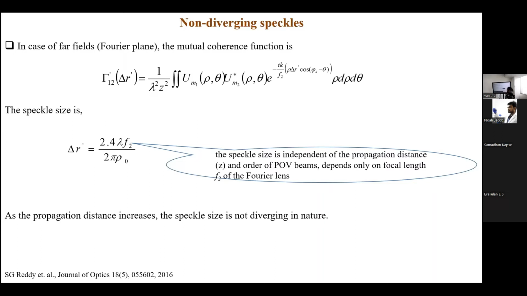From this equation, we can easily predict that the speckle size is independent of propagation distance and also independent of order. It depends only on the focal length f2 of the Fourier lens. As the propagation distance increases, the speckle size is constant. That means these speckles are non-diverging in nature.